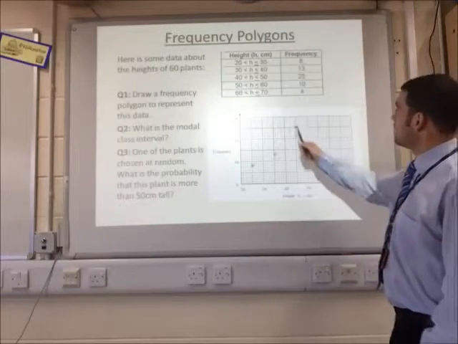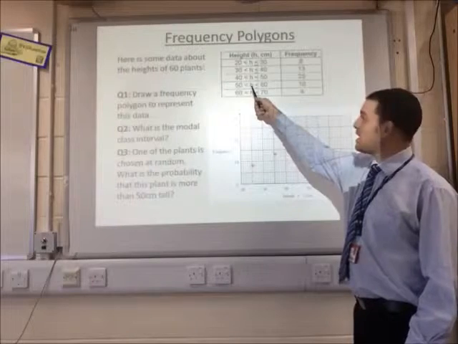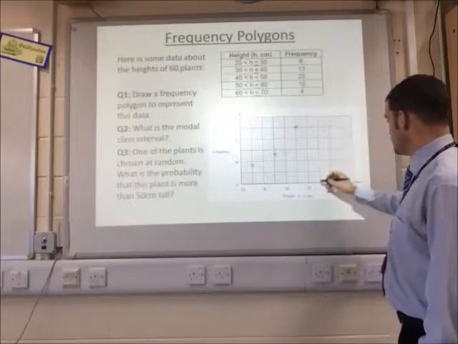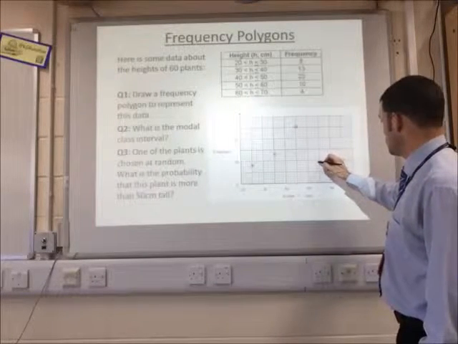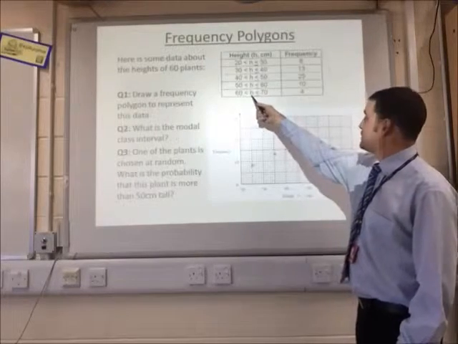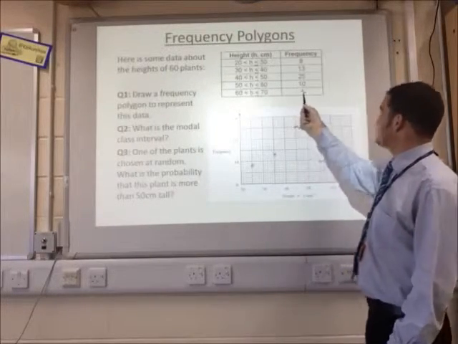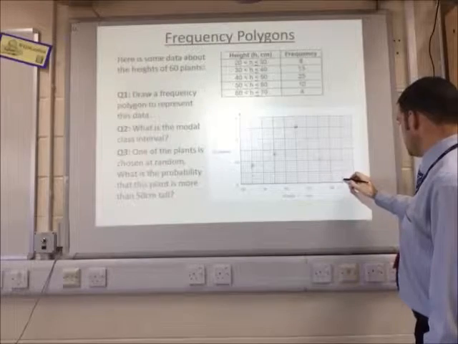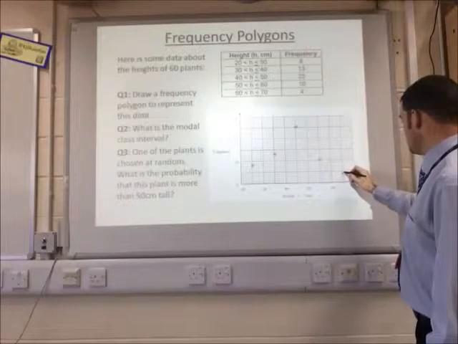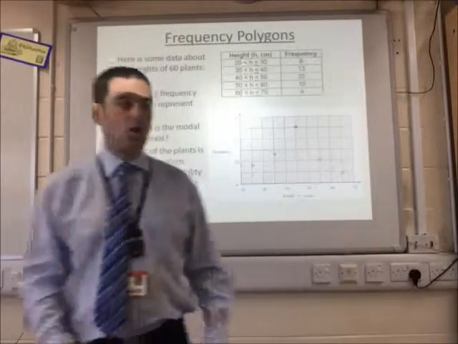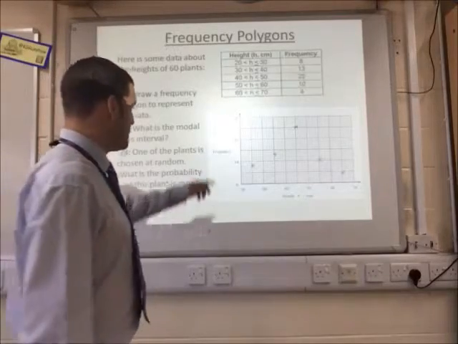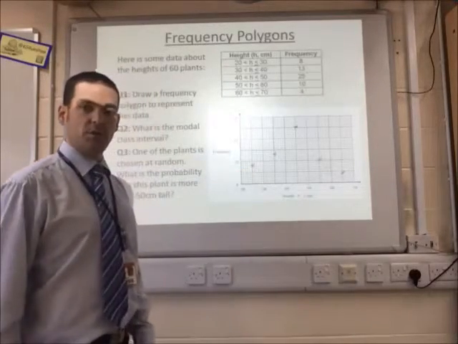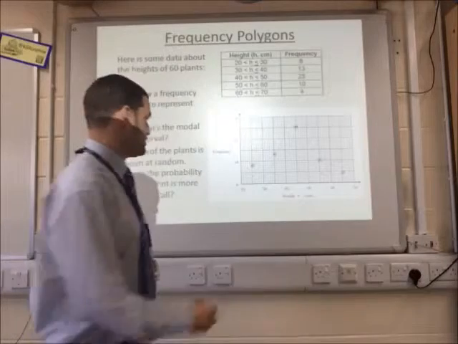So put a cross there. Then 55 for the height, 10 for the frequency. And finally 65 for the midpoint of the heights and 4 for the frequency. 1, 2, 3, 4. And all the frequency polygon is, if you now join those points with straight lines, that's a frequency polygon.